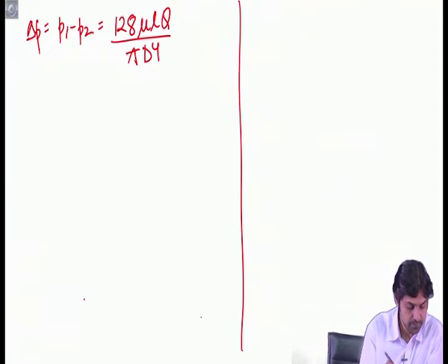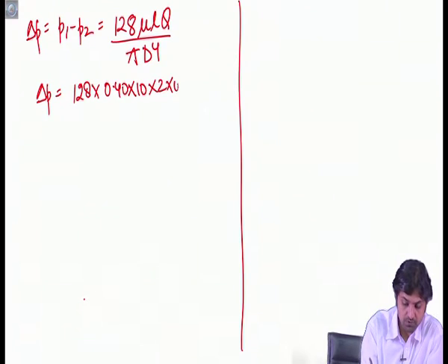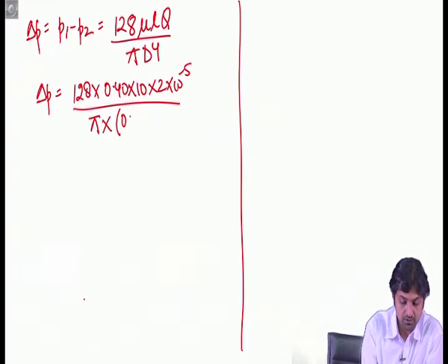So delta P is going to be 128 into mu, 0.40, into 10 into 2 into 10 to the power minus 5, divided by pi into 10 to the power 4.